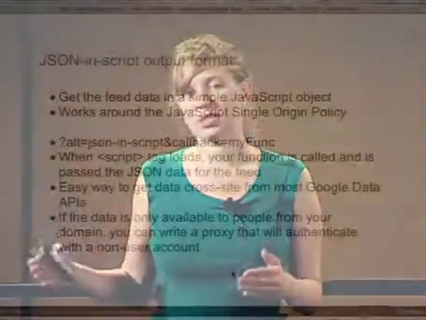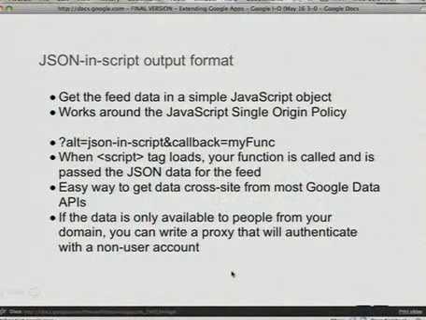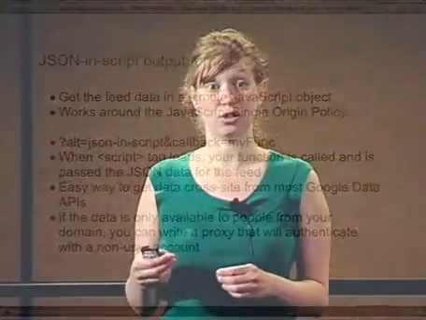But when you want to use JSON and script inside your domain, one of the nice things we found is that behind your firewall, where only people from your domain can get to it, you can create a proxy, just a little server that will take the URL you're requesting, add on the authentication headers for a non-user account, fetch that, and then display it to everybody without that authentication. And that lets you use this JSON and script model, which is easy. If you're familiar with JavaScript, might be easier for you, and lets you do that even behind your firewall.